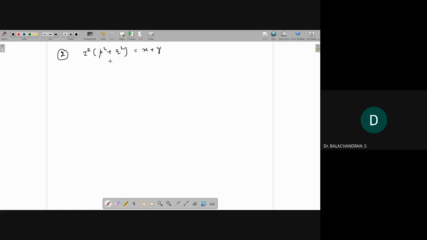If you know how to solve this problem, you can tell, because we solved nearly 8 to 9 problems. I'm just asking for the hint. There is no need to give the entire solution. How to start?